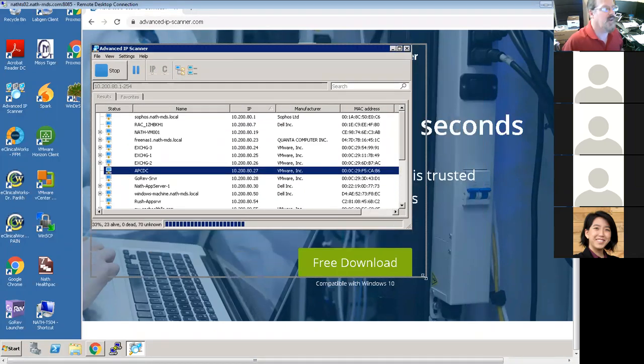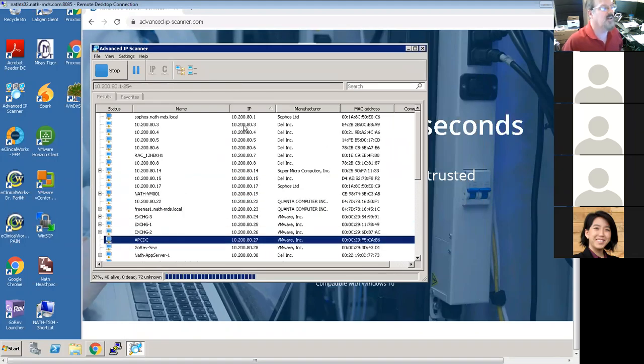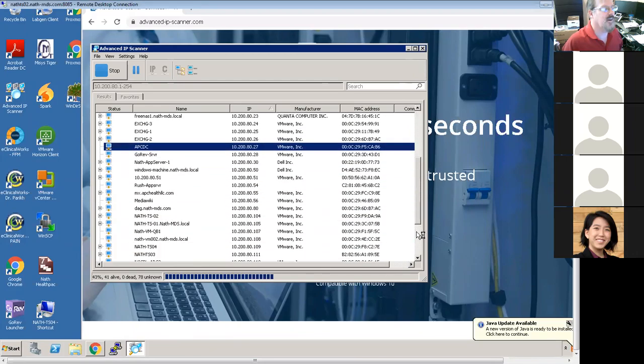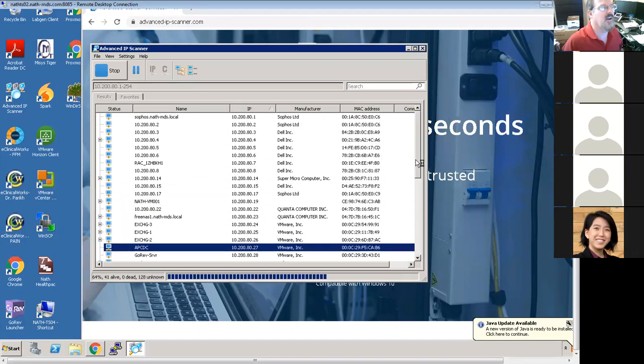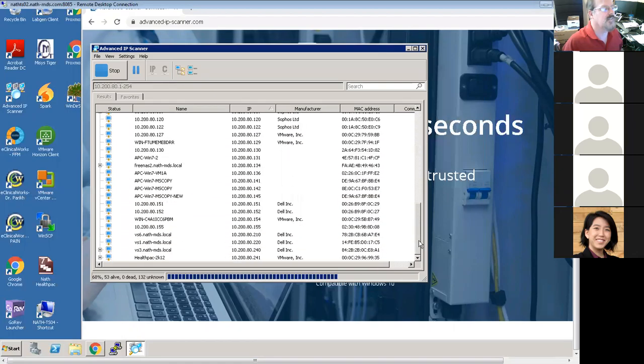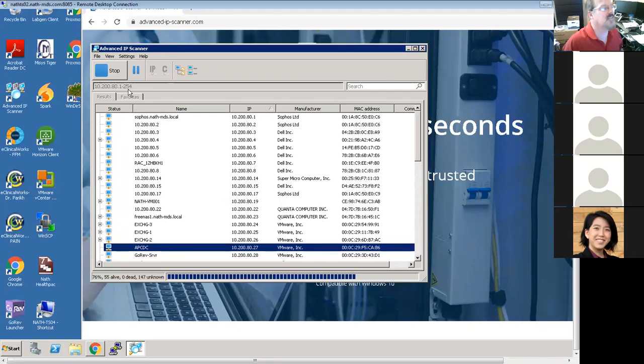So it's finding, first of all, it's operating right now just in the 10.200.80 network. But it might find other IP addresses.